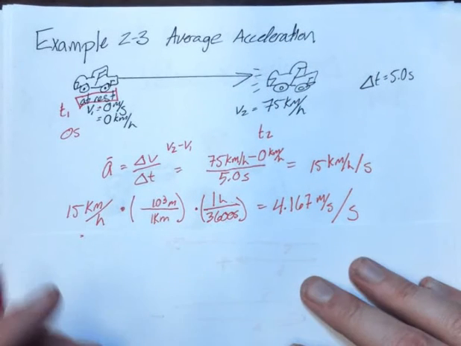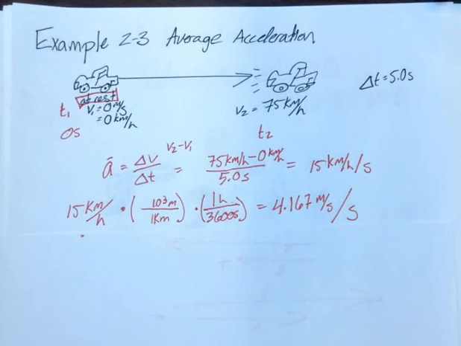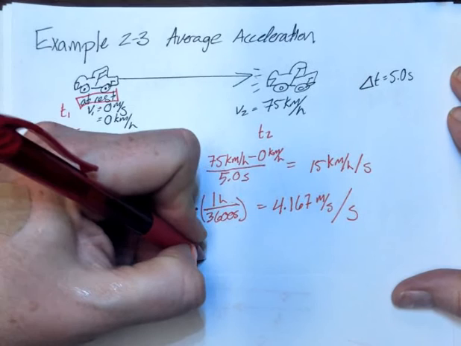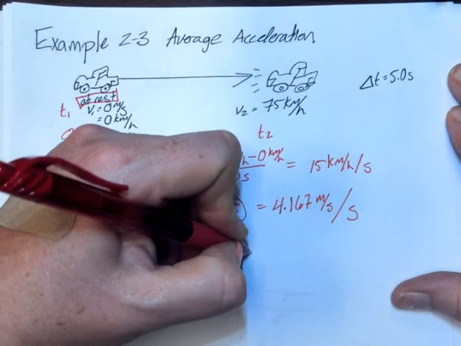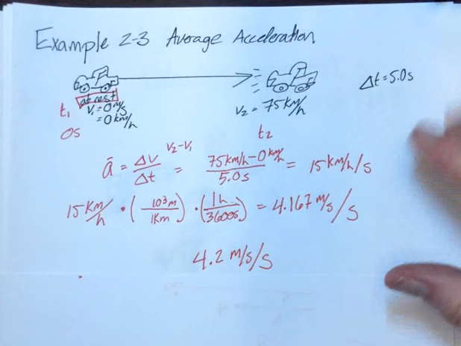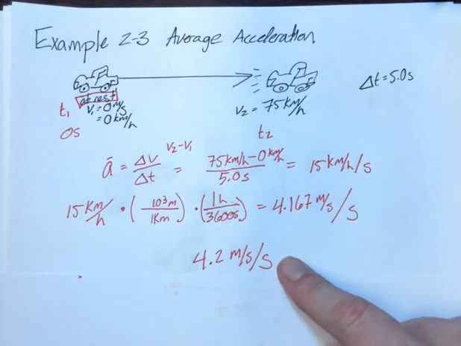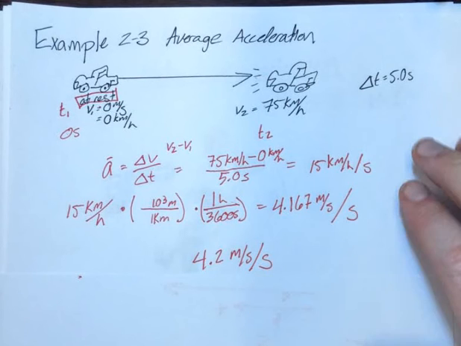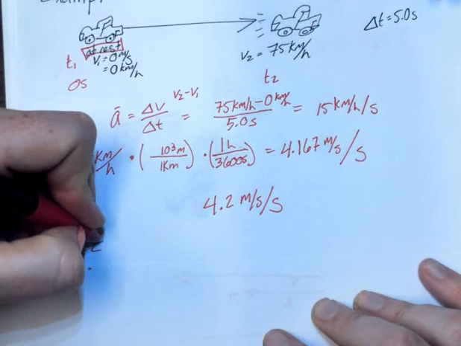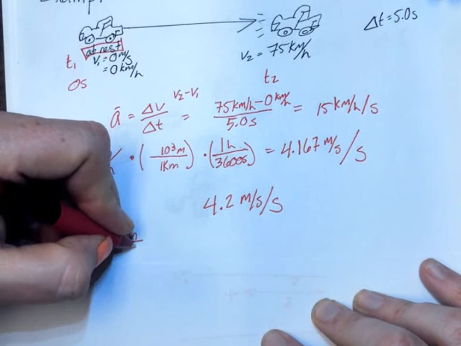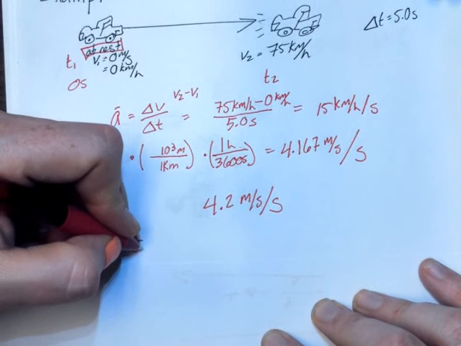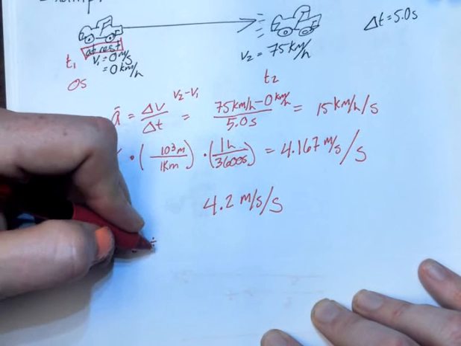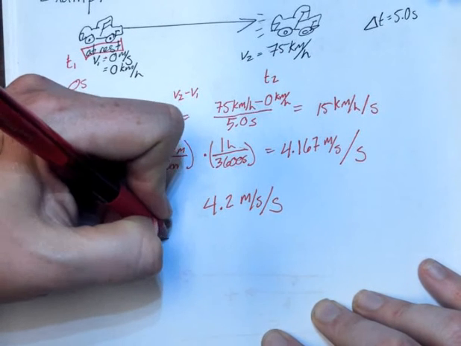I have two things that I have to do now. The first one is significant figures. I should only have two significant figures, so I'm going to change that to 4.2 meters per second per second. And then the other thing I'm going to do is take a look at what this unit means. It means that every single second the velocity changed by 4.2 meters per second. Another way of saying that, if I write this fraction style, it's 4.2 meters per second divided by a second.